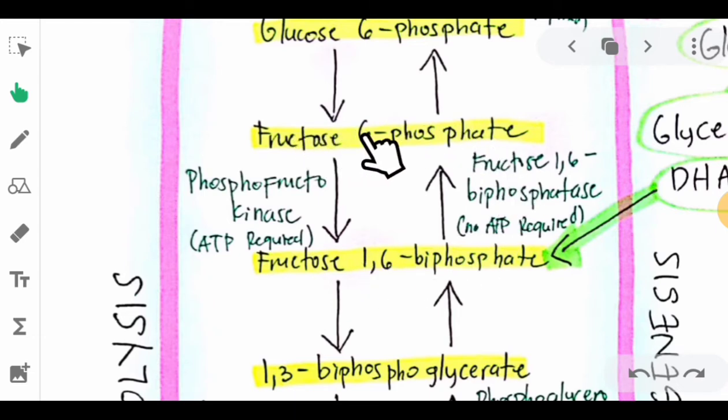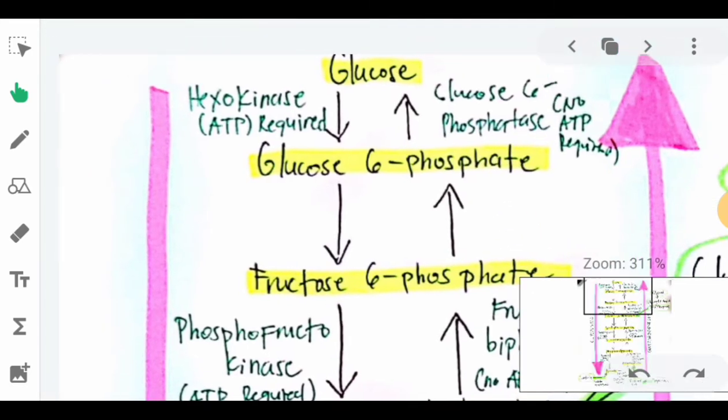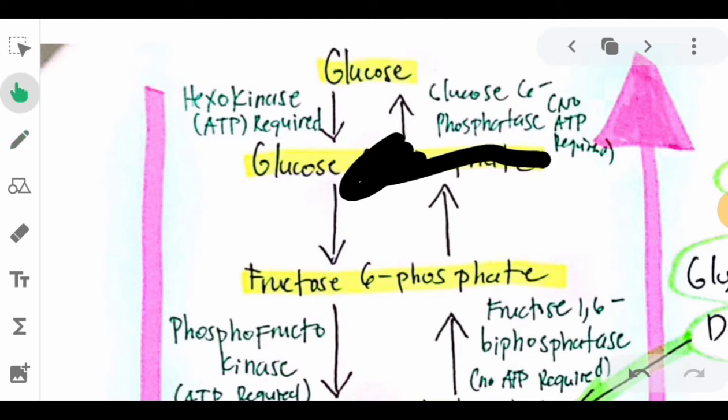So you now have the fructose 6-phosphate. This fructose 6-phosphate will be converted into glucose 6-phosphate. Then the glucose 6-phosphate will be converted into glucose with the help of the enzyme glucose 6-phosphatase, which will remove the phosphate on the 6th carbon. That is why you now have the glucose here.